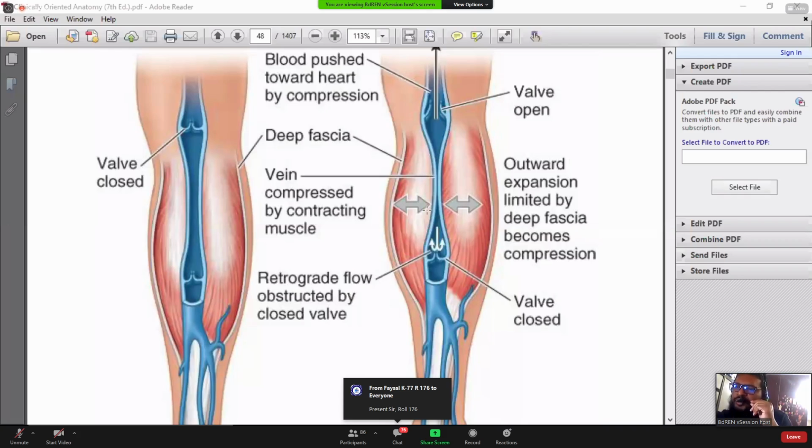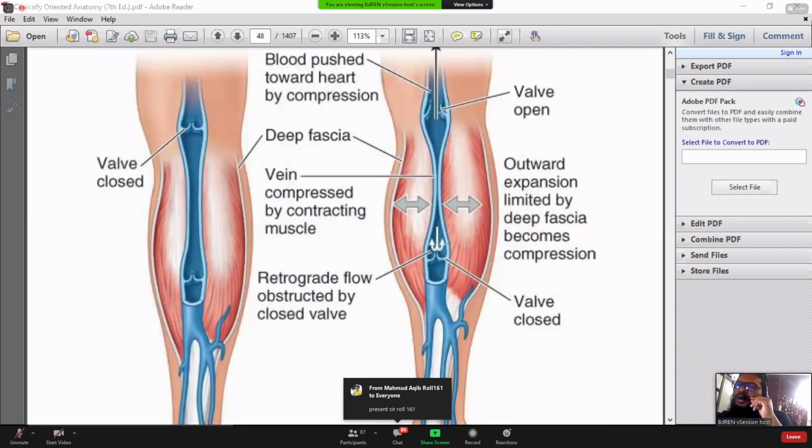And by this compression, the blood in the vein would go in both directions, upwards and also downwards. But as the valves close, when the blood is trying to get back through the valves, it is blocked, and the only way it can go is upwards.